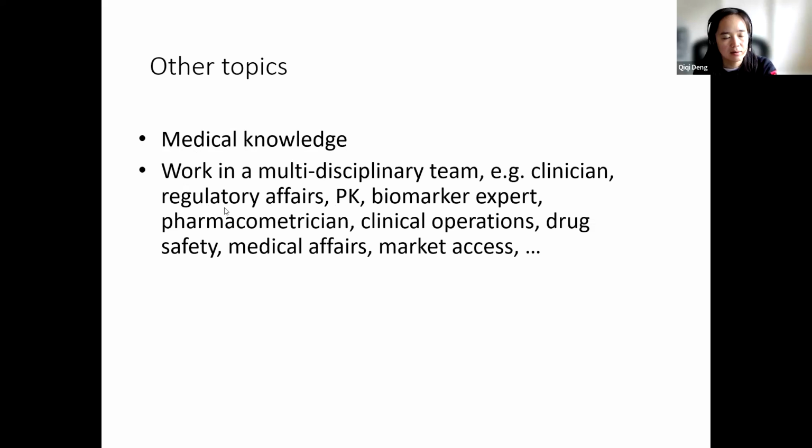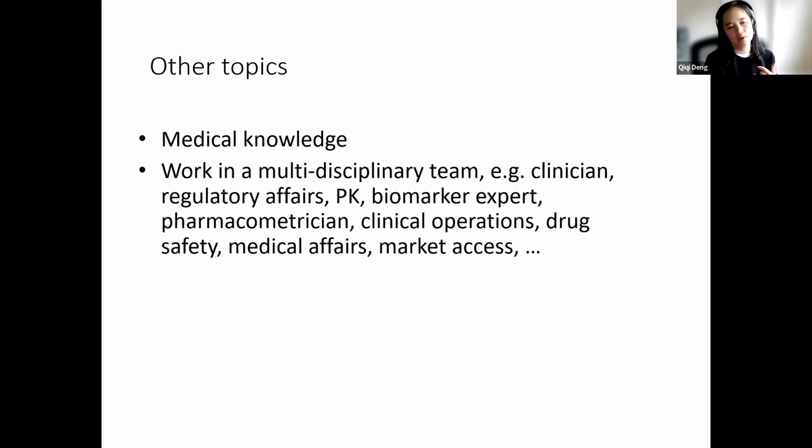And then for us, we're always working in a multi-discipline team. Drug development is such a complicated process that we really have to do it in a team setting. There needs to be a clinician, there needs to be a regulatory affairs expert. There needs to be someone who is an expert in pharmacokinetics or biomarkers. And then when you run a trial, there are a lot of operational aspects to it.